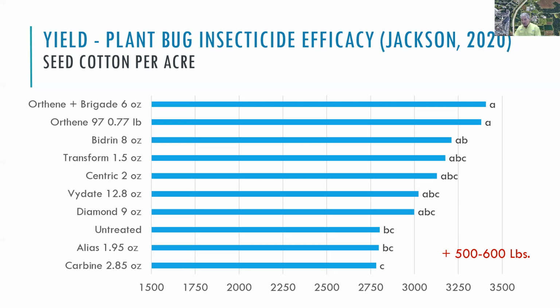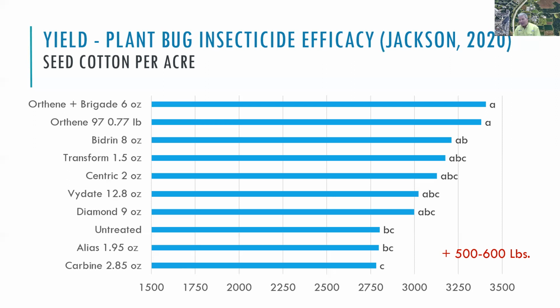First thing I'll point out is our lowest yielding treatment was either plots that weren't treated with insecticide or those treated with that imidacloprid product or Carbine. They really provided no yield protection, even though they did reduce tarnished plant bug numbers. The next group of plots all yielded statistically the same. Towards the top, we see Orthene plus Brigade, and Bidrin, followed by Transform.